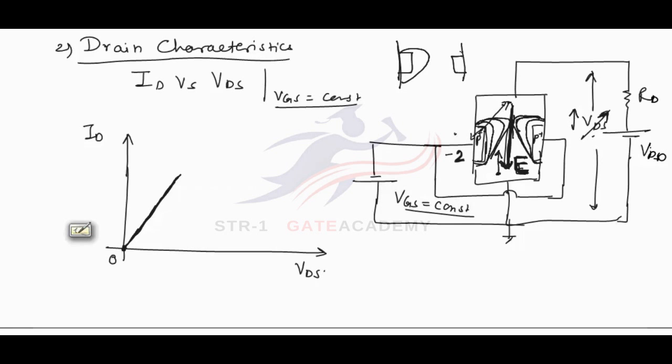There will always be a small gap between these two depletion layers, and through this gap, charge carriers will flow and drain current ID will continue to flow. But at this voltage of VDS, the velocity of charge carriers will saturate and they will move with constant velocity and hence will carry a constant current.